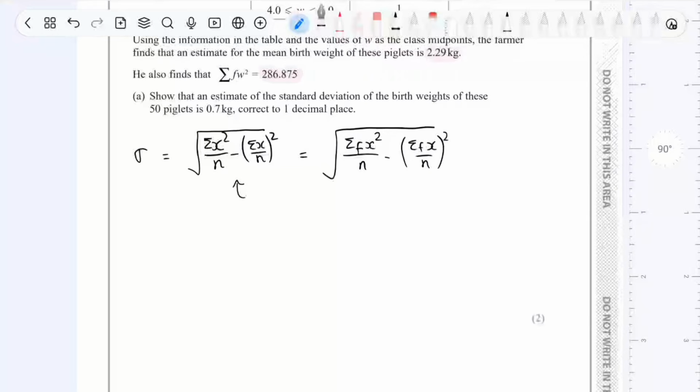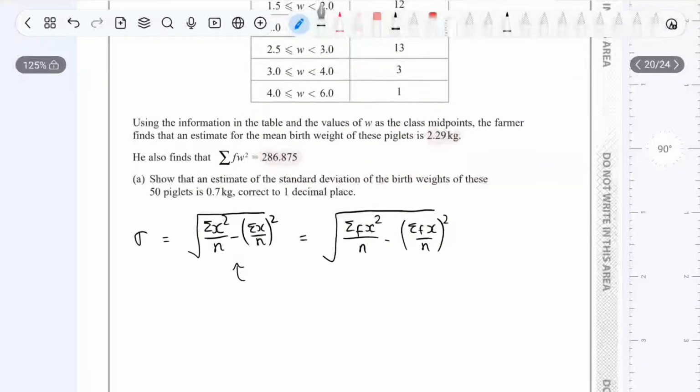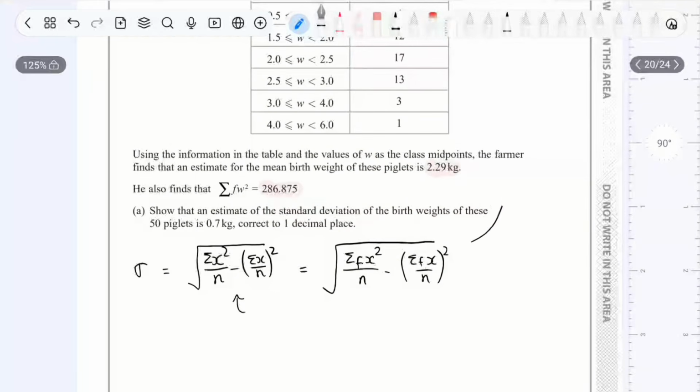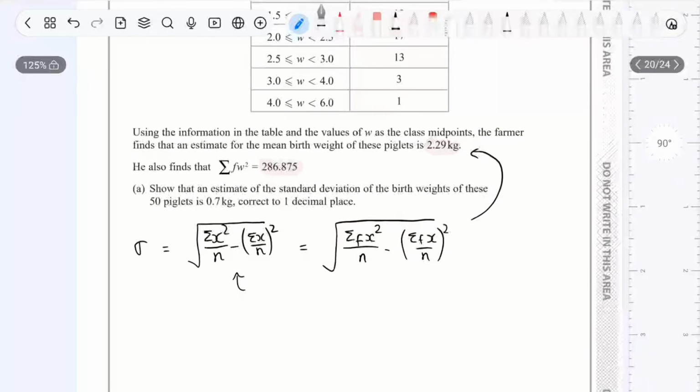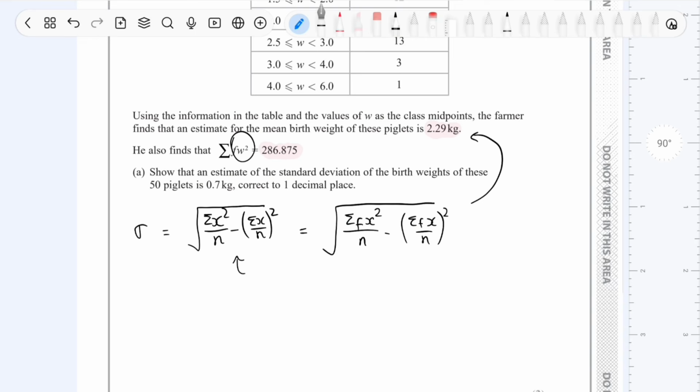And they've kindly given us the mean, 2.29, and they've given us the sum of f x squared, which is 286.875. We know that n is the number of values and there are 50 piglets, so that's quite self-explanatory.